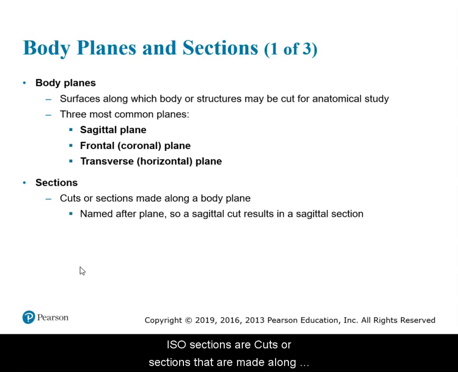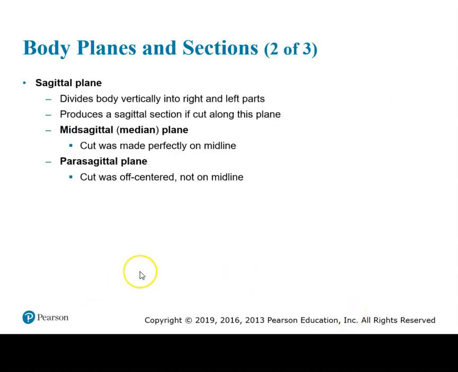Okay, so sections are cuts that are made along a body plane. These sections are named after the plane that they are cut in. So, for example, a sagittal cut results in a sagittal section.